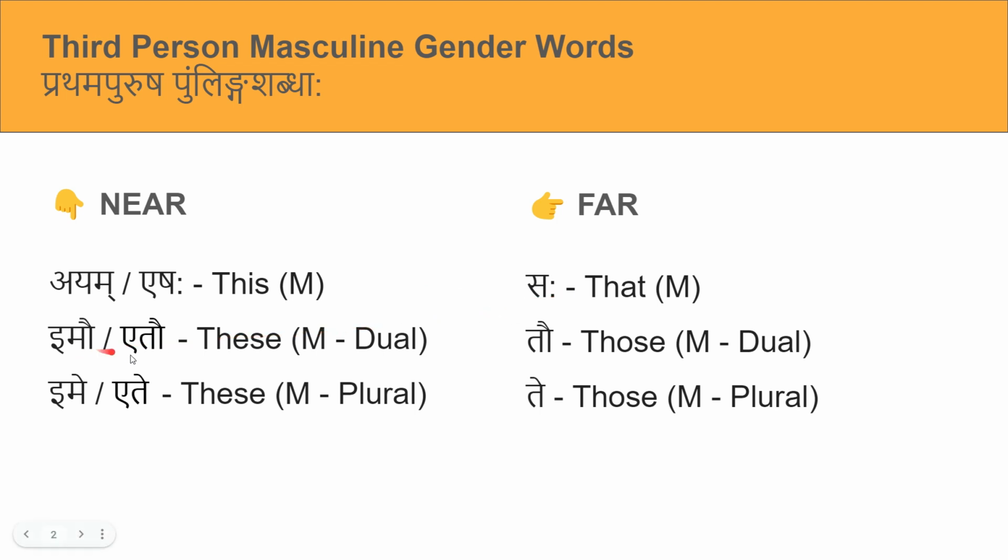And then for imau, etau, the dual pronouns, we use tau, and for ime or ete, we use te. All right. So these are the set of pronouns we are going to learn today. Let us now look into some examples.